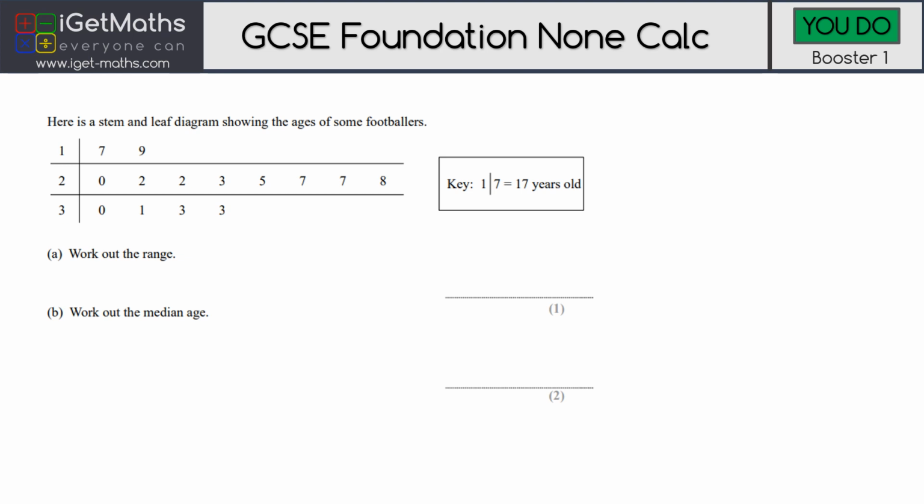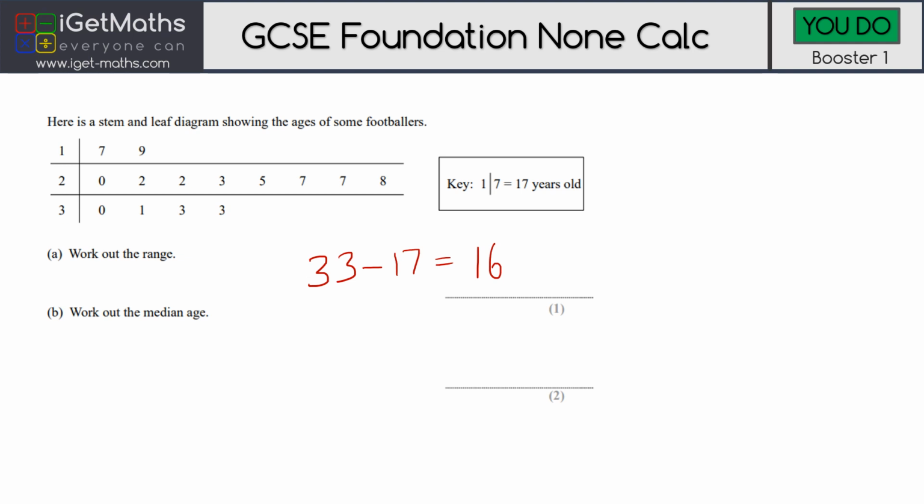Okay, so we need to work out from the stem and leaf diagram given the range and the median. So remember, the range is the biggest number, take away the smallest. So we've got 33 minus 17, and 33 minus 17 is 16. To work out the median age, we're trying to find the middle value. So there's not many numbers here.